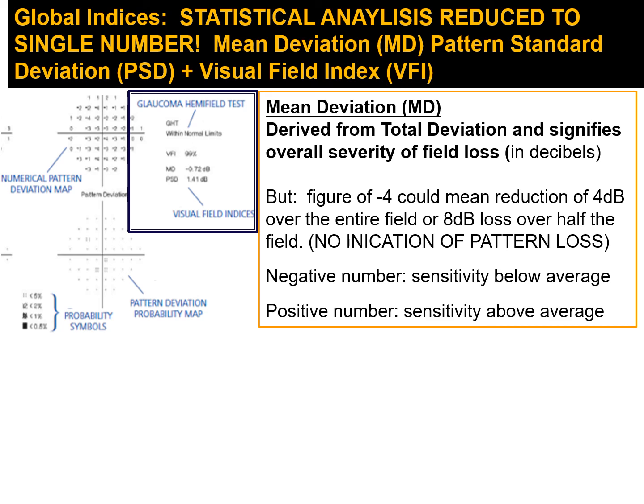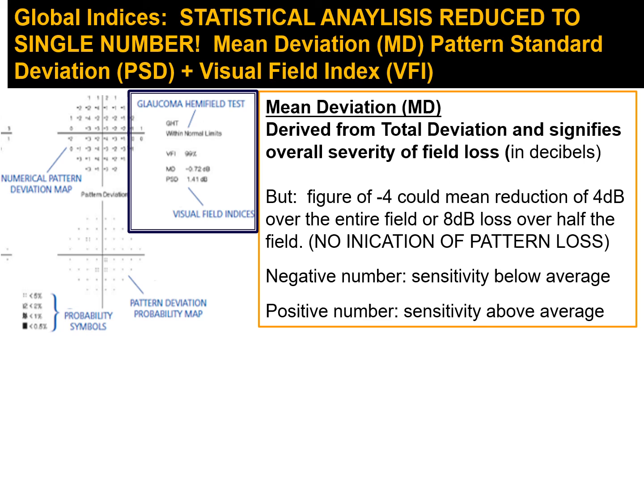So global indices, it's a statistical analysis that's striving to reduce the whole thing to a single number, and it's very good. We have mean defect, pattern standard deviation, and visual field index. So the mean deviation is derived from the total deviation and signifies an overall severity of field loss in decibels.